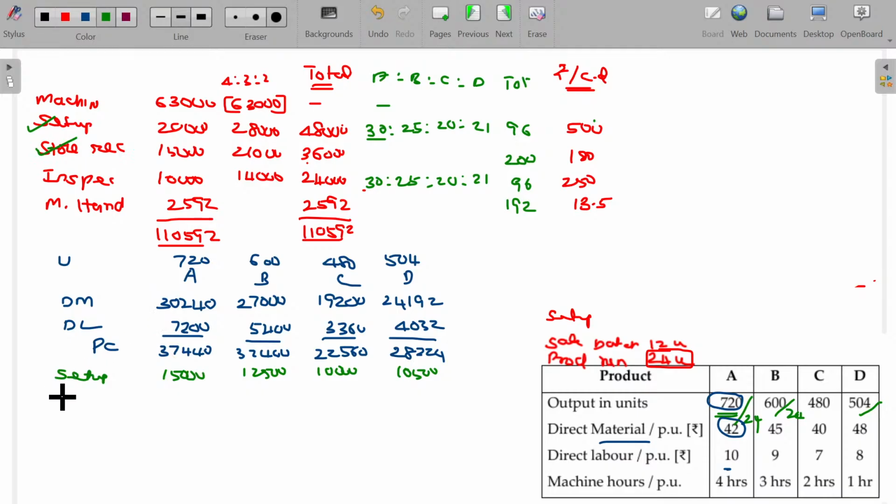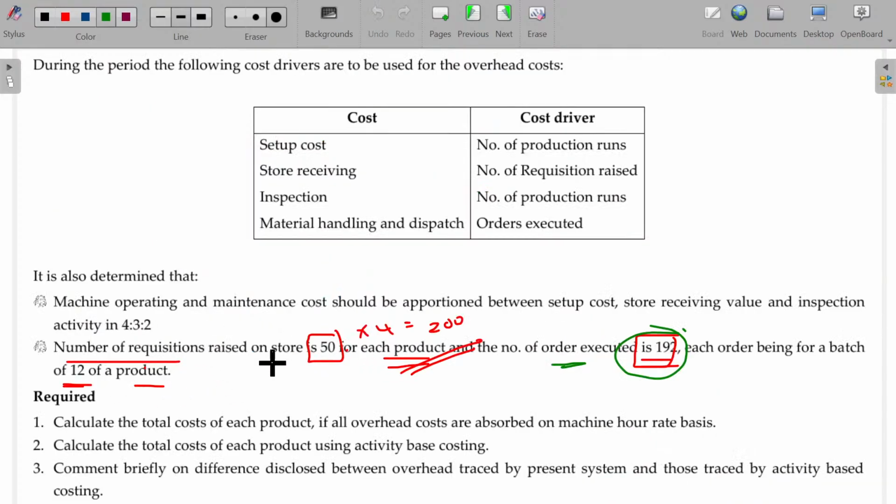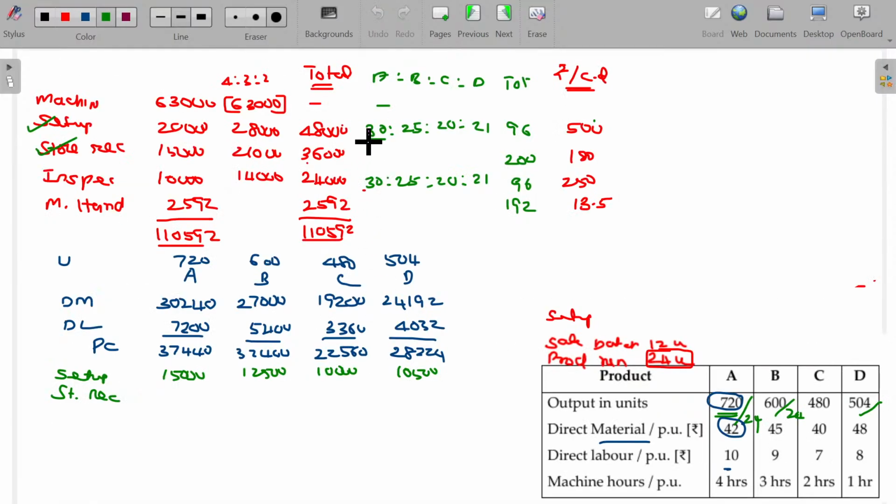Then stores receiving: 200 in total, 50 for each product. So for all the products, the stores receiving is 50, and the entire value can be shared equally. 36,000 divided by 4 directly, otherwise 180 into 50 is 9,000 each.